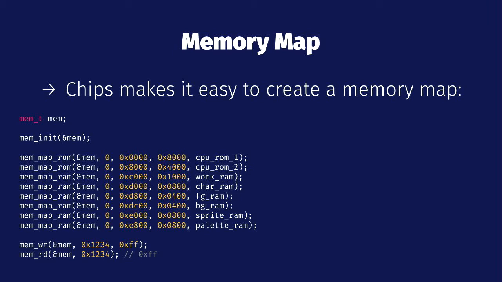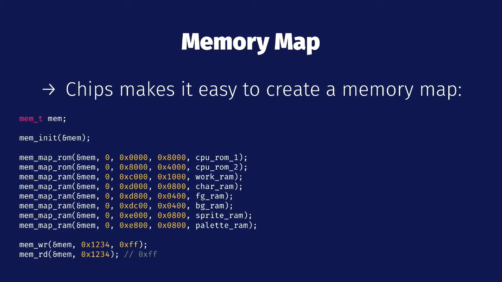The Chips library also makes it really easy to define that memory map that I showed you earlier. So here I'm joining the RAM and ROM arrays together to define the entire memory map using a really nice API. Firstly, we define a memory data type, initialize it, and then we start defining those sections of the memory map that I showed you. So up the top, we're connecting the CPU-ROM array to the memory device, and that makes up the first 32 kilobytes.